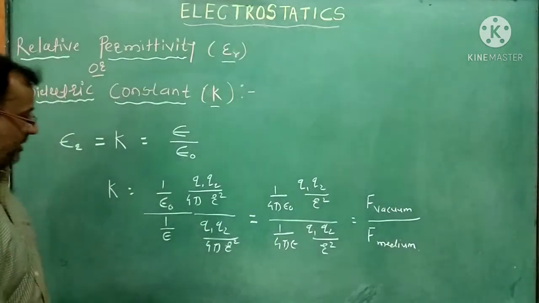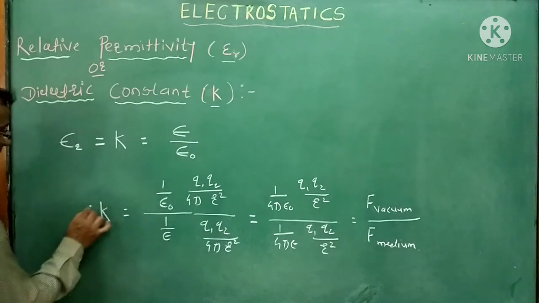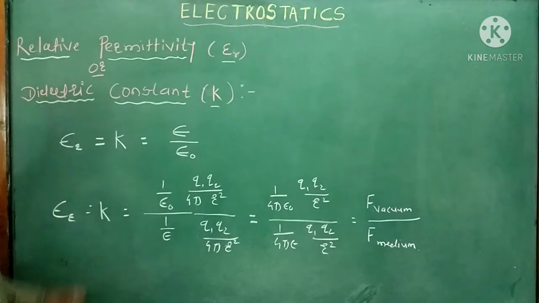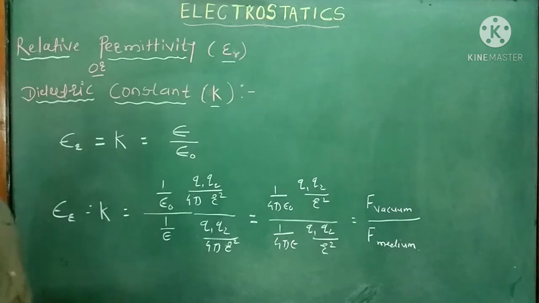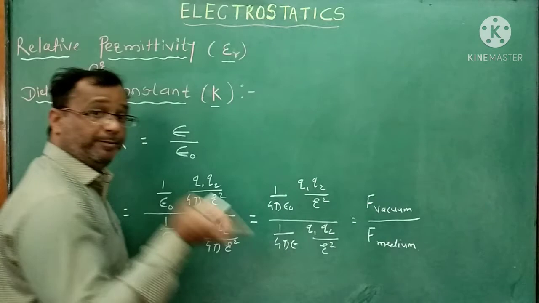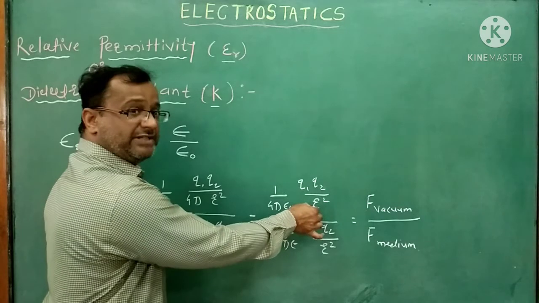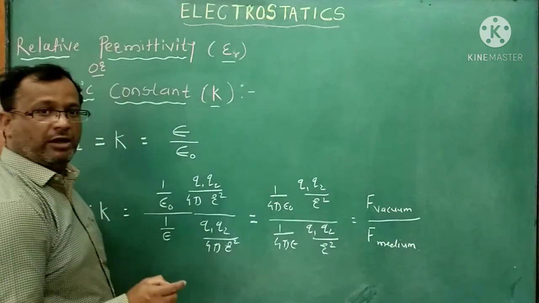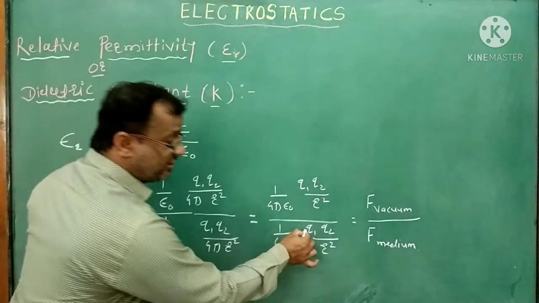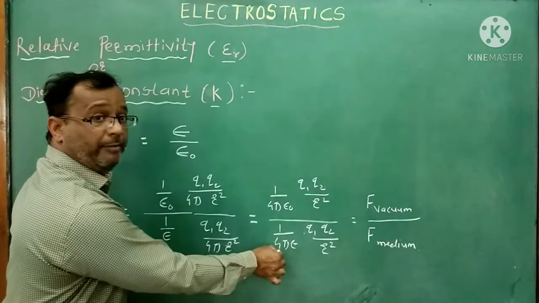It means that this dielectric constant, or relative permittivity, is also defined as the ratio of the electrostatic force between two electrical charges separated by some distance r in a vacuum to the electrostatic force between the same electrical charges, at the same separation but in a medium.